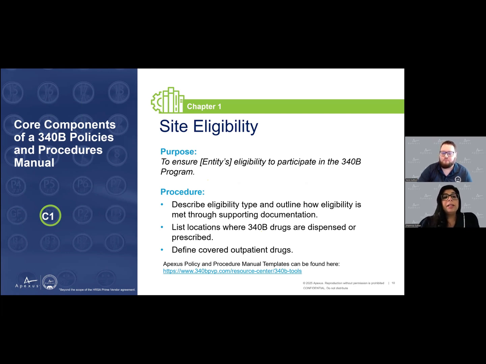All right, we'll now spend some time exploring core areas of the policies and procedures, and to make it easier for all of you, we'll present this as different chapters in a book. Each chapter will be a unique section within the 340B policies and procedures. Our first chapter will be dedicated to site eligibility. In this area, the covered entity has an opportunity to demonstrate how they qualify to participate in the 340B program.